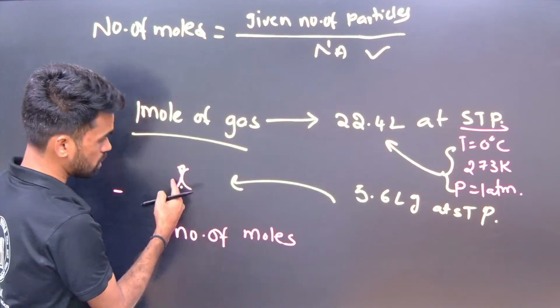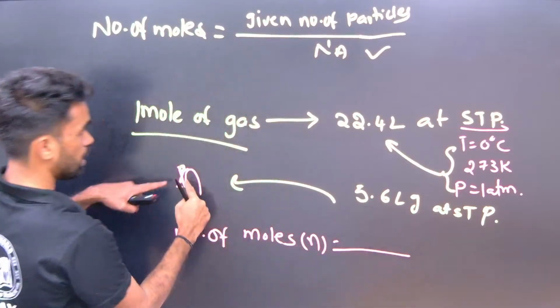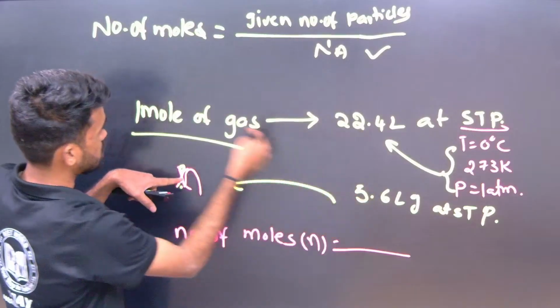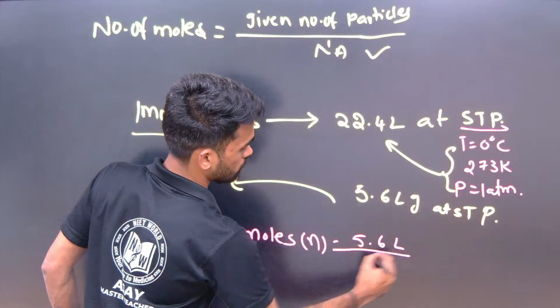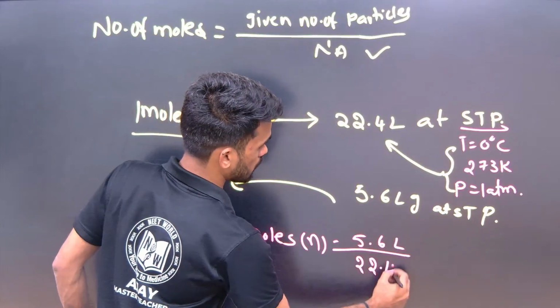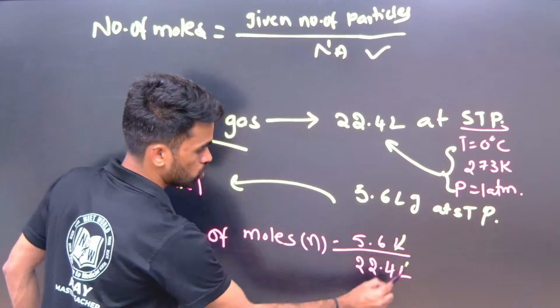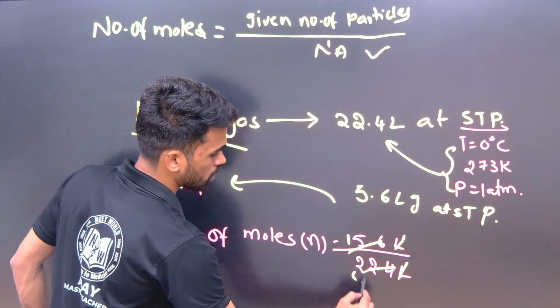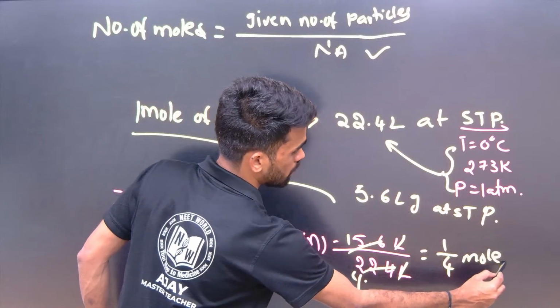So N will be 5.6 by 22.4 liters into moles. If you remove these two things, you are going to get 1 by 4. So 1 by 4 mole will be your answer.